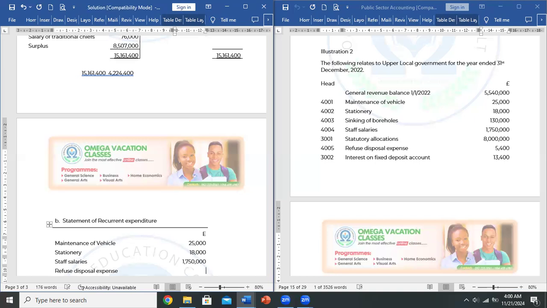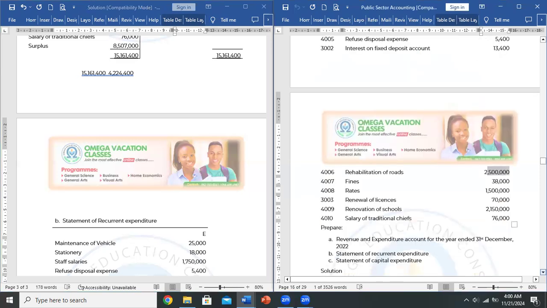Every day we have to dispose these things of our environment. Interest on fixed deposit is an income or revenue, so it will not be part of the expenses at all. The next one, rehabilitation of roads. Professors, what is that?